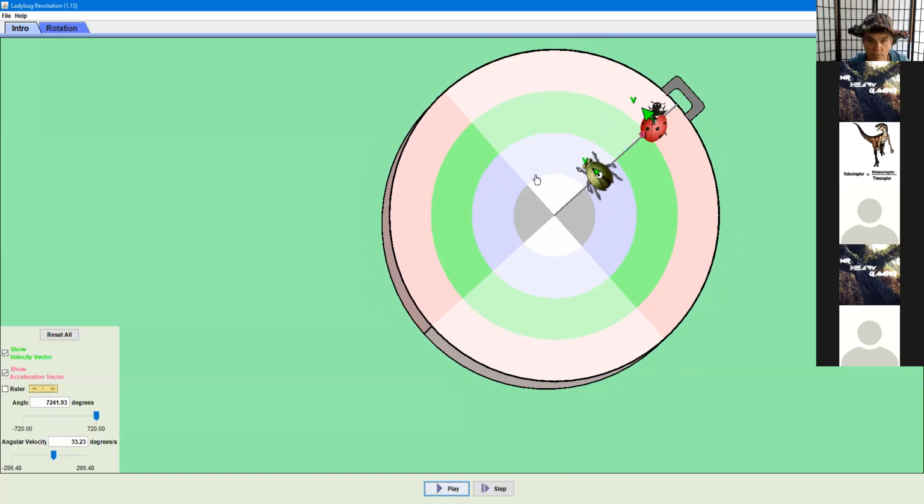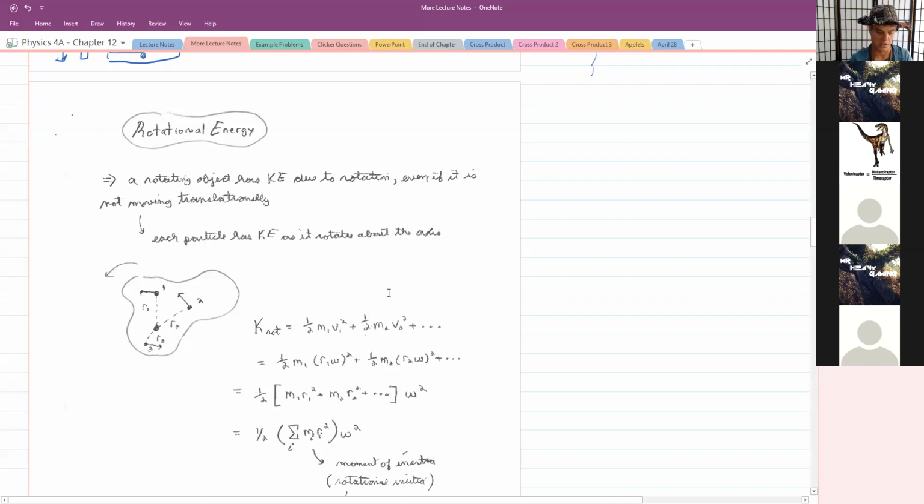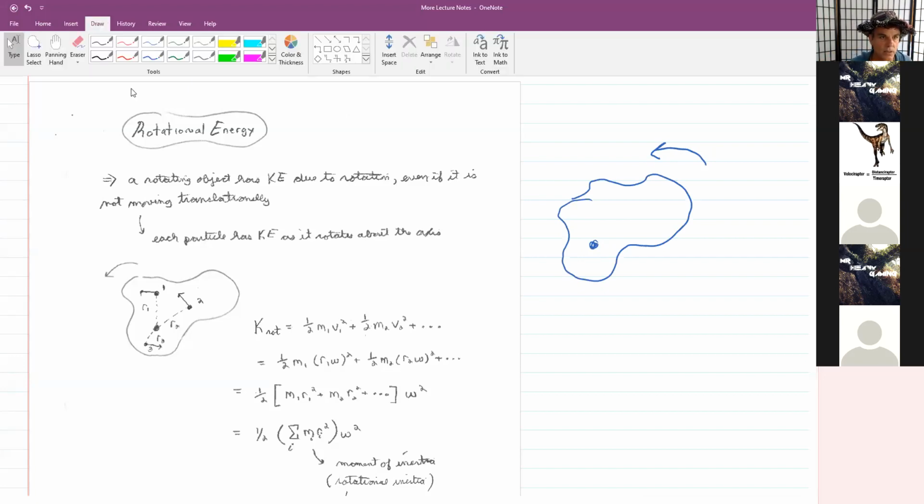So going back to the new share. What I have drawn here is, let's say I've got this weirdly shaped object, and it's rotating about some axis, counterclockwise. Well, let's look at, let's say, 3 or 4 particles on this object.